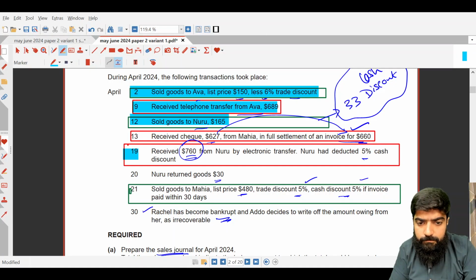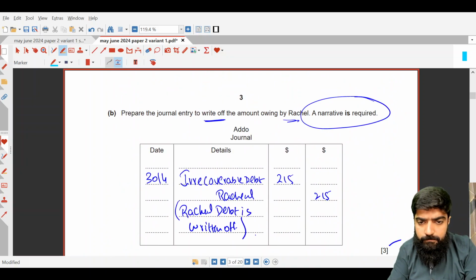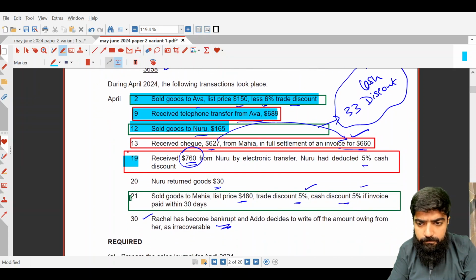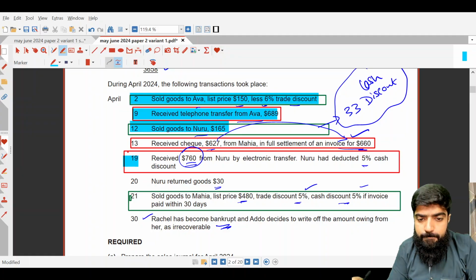798 minus 760, 38. How did you calculate this one? Sir, I added 760 plus 760 into 0.05, which is equal to 798. Subtract this by 760 and we get 38.